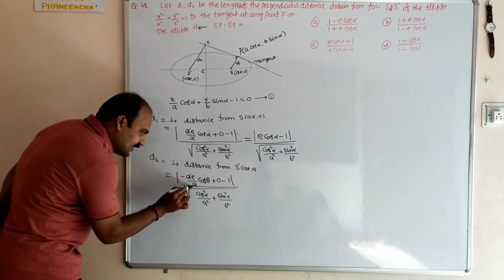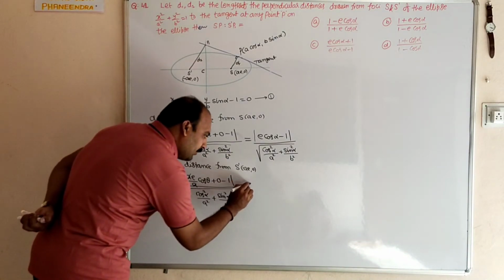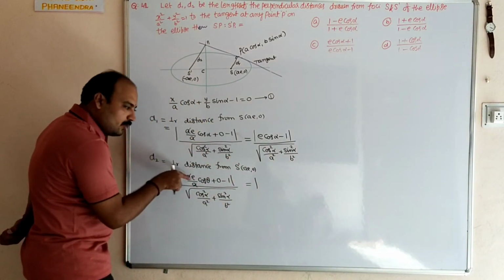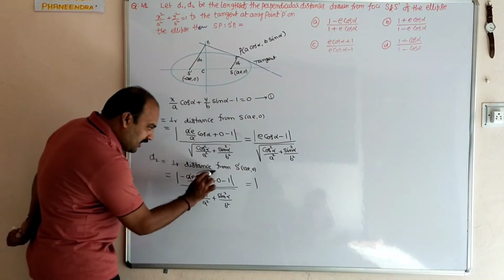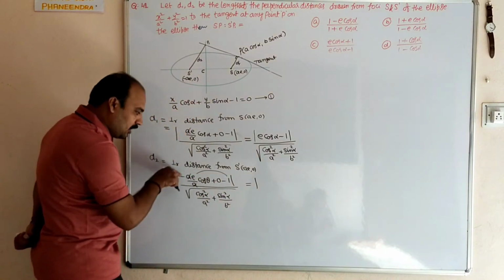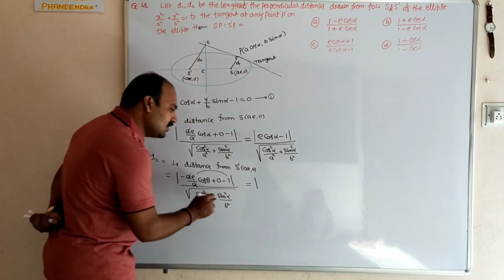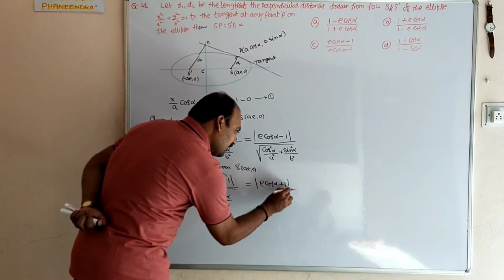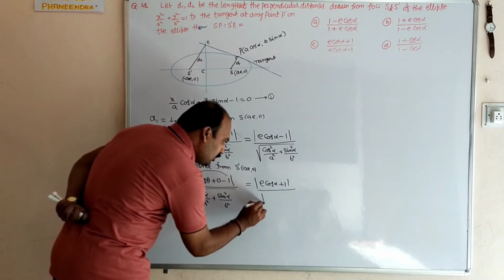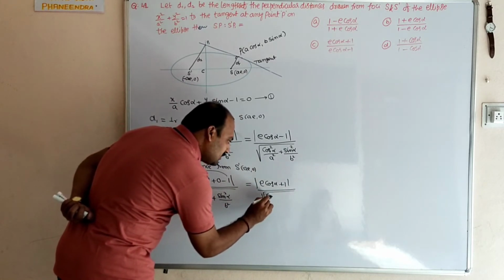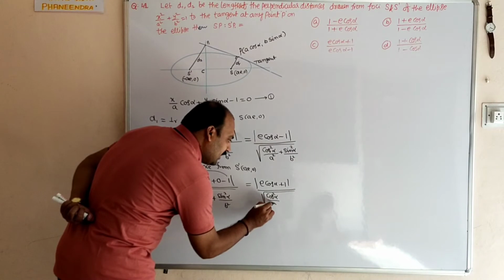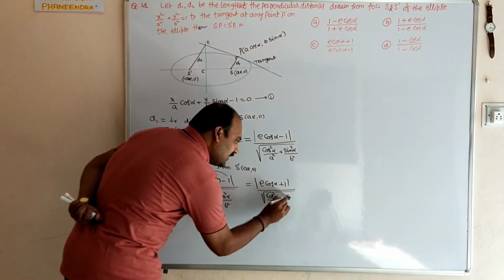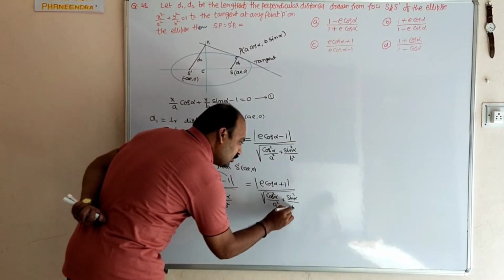So one of the a cancels. From these two, minus take common. Within the modulus it will become plus. So remaining is e cos alpha plus 1 divided by square root of cos square alpha by a square plus sin square alpha by b square.